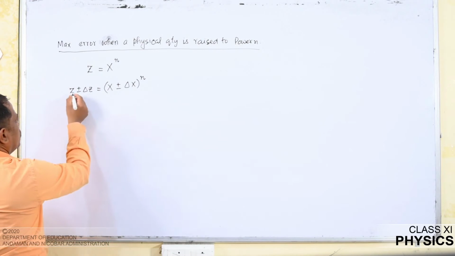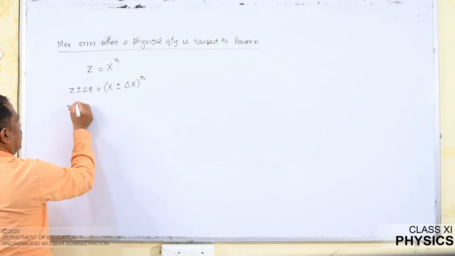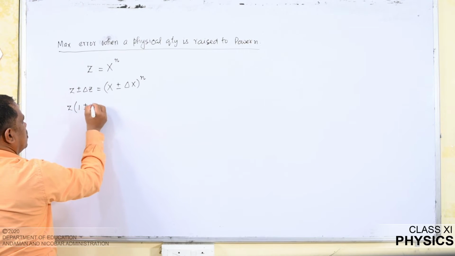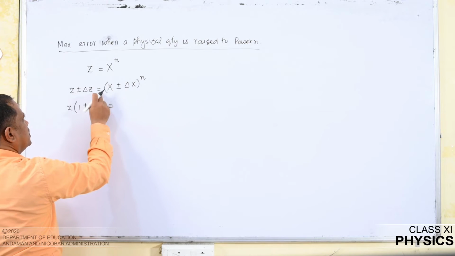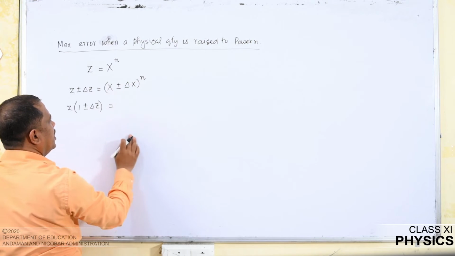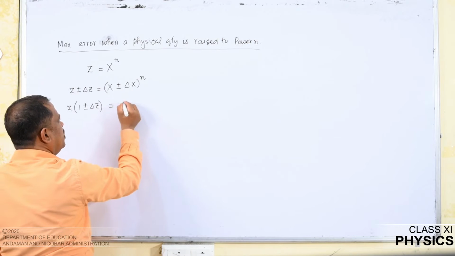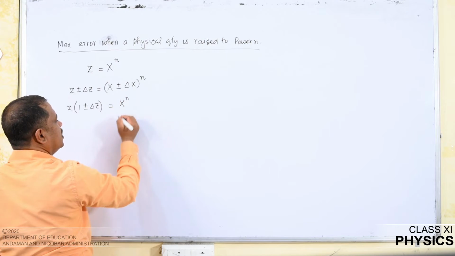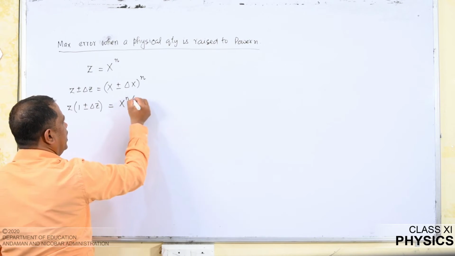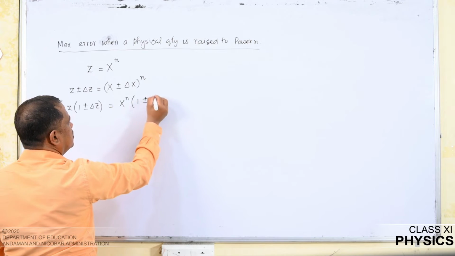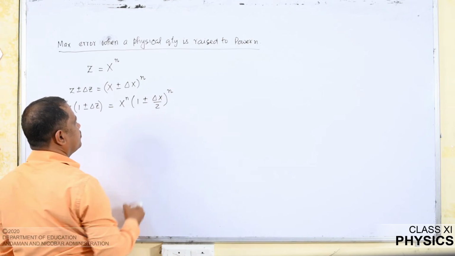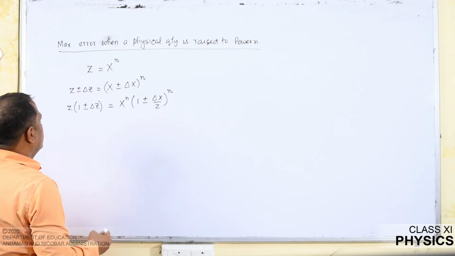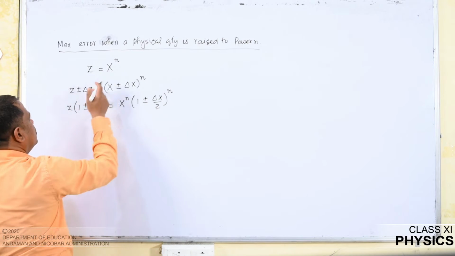In that case, I am going to take z outside. So, I will have 1 plus or minus delta z over z is equal to, when I try to pull out this x from here, I know that I have power n also. So, when I pull out x, x will come out in this form, x to the power n. So, 1 plus or minus delta x over x, the whole to the power n. Now, I know that the true measure z is equal to x to the power n.